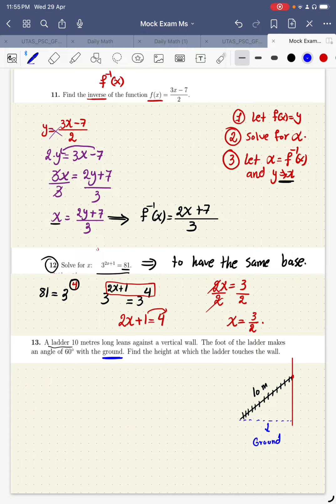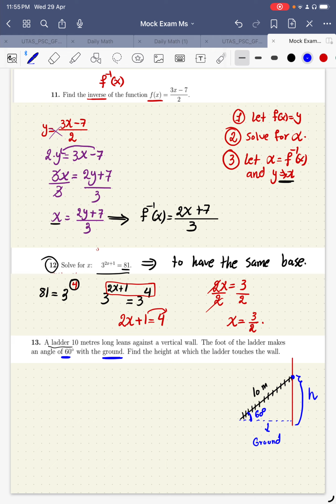So the angle is between the ladder and the ground, which means here, that's gonna be my angle. What is the angle? 60 degree. Find the height at which the ladder touches the wall. So they want me to find that height, which I'm gonna call h.